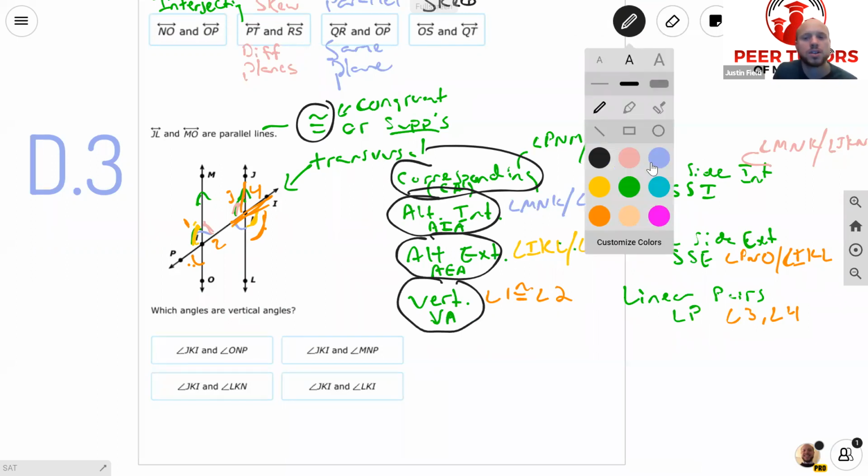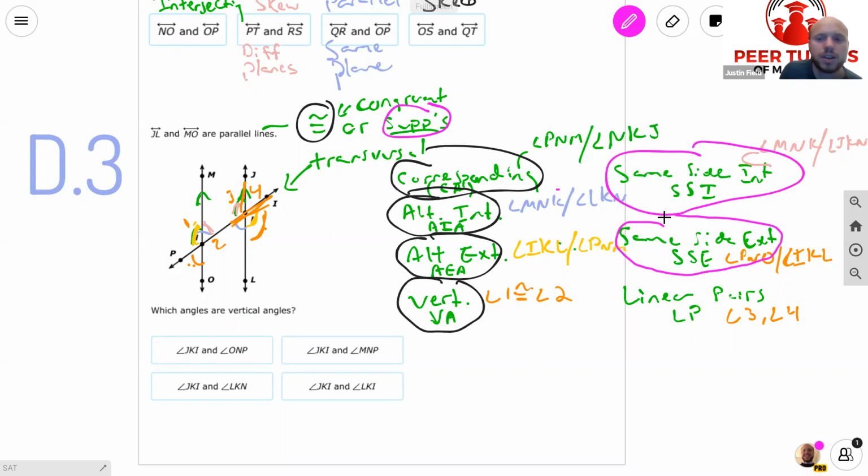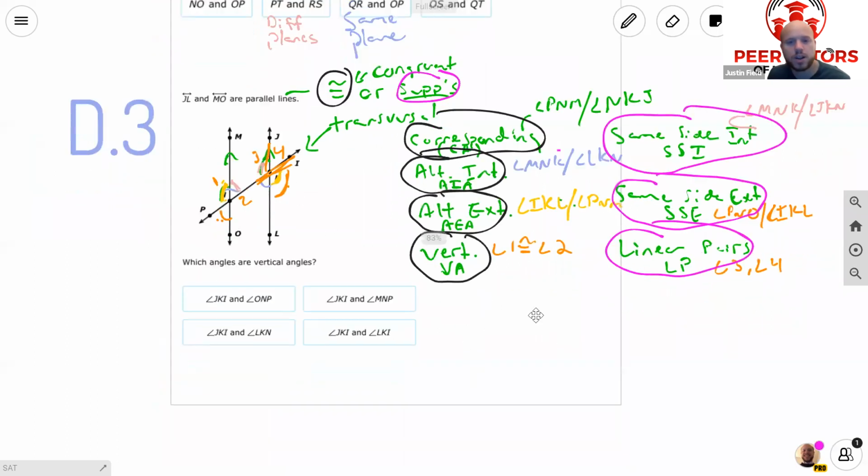All those are congruent when the lines are parallel. And I'm going to circle in purple the supplementary ones. So same side interior, supplementary. Same side exterior, supplementary. That means they add to 180. And linear pairs, of course, are supplementary. All right. So that's a little overview.